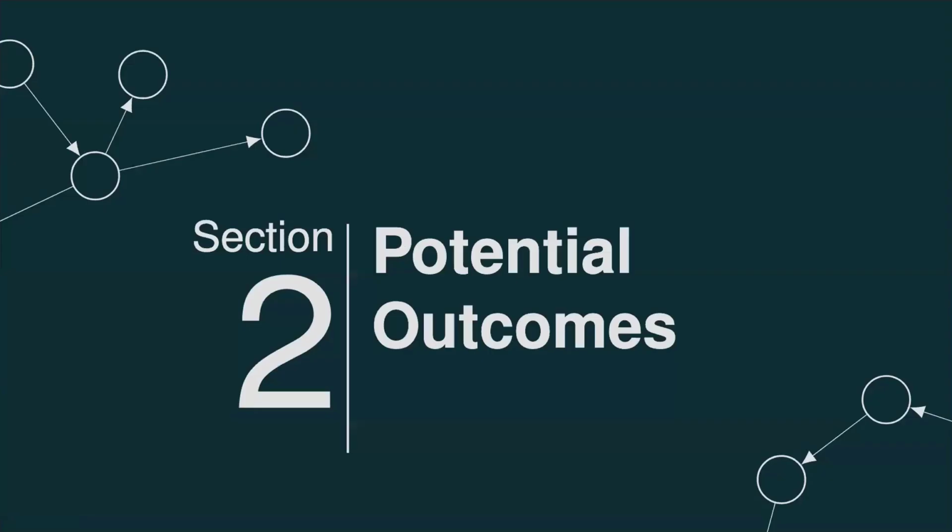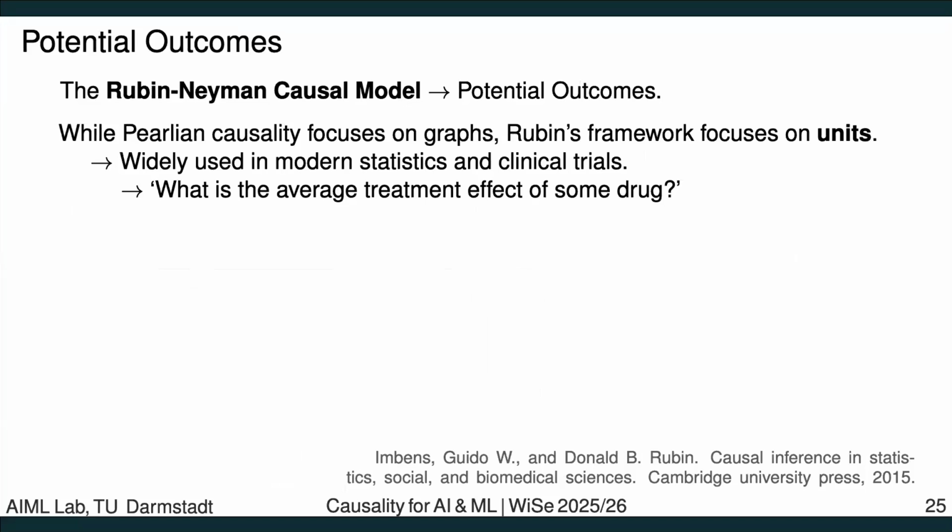Okay, then maybe let's continue with the potential outcomes framework. Sometimes it's called the Rubin-Neyman causal model. And the Paulian causal framework, I think we discussed this last time already. It rather focuses on general causal effects. It models graphs and so on.